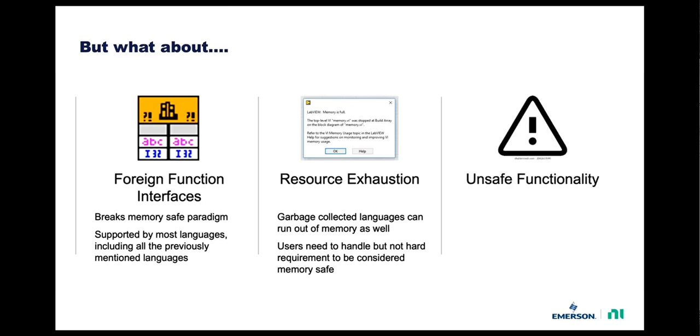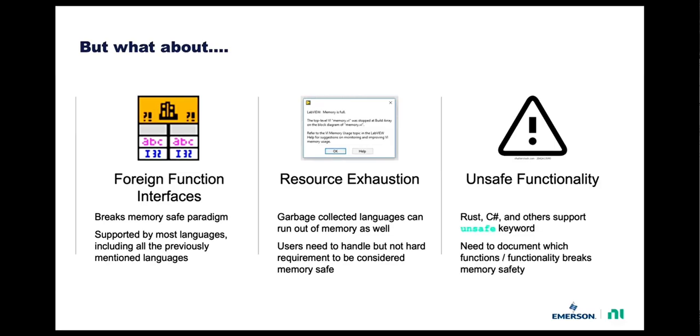And then I'm going to group this last category, and we talked a little bit about the Memory Manager API in LabVIEW and others. But what about any other unsafe functionality as well? There are cases where that is true. But I certainly want to point out, Rust, C# and other languages support the unsafe keyword. They support this escape hatch to go into areas where you may need to, for one reason or another, use unsafe functionality. We suggest that, obviously to maintain memory safety, that should be minimal.